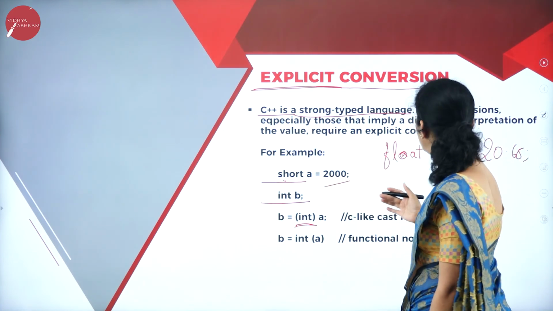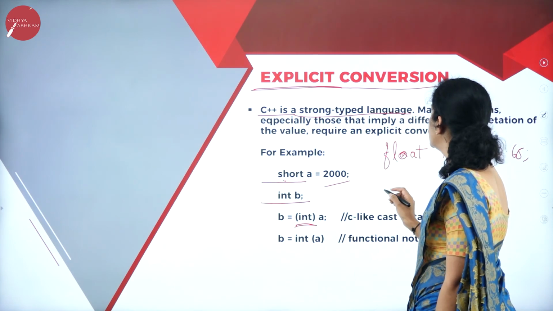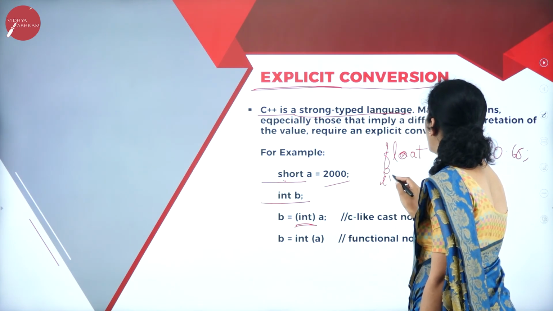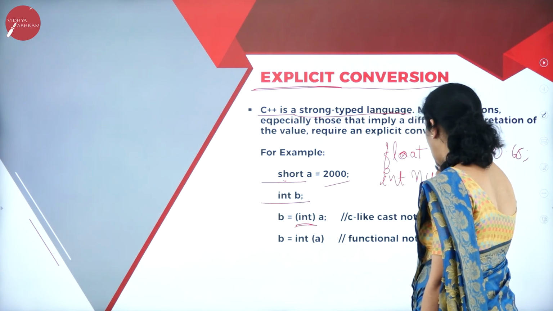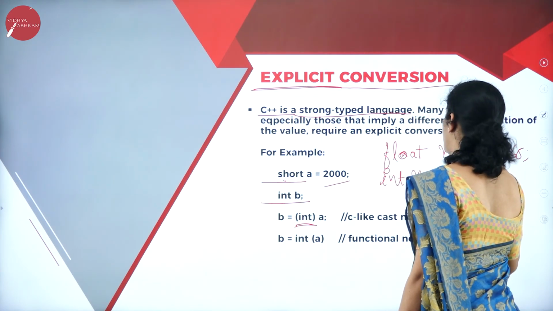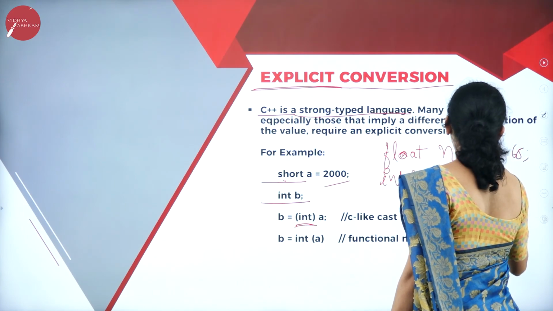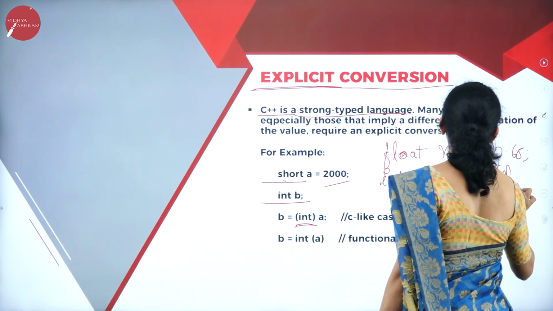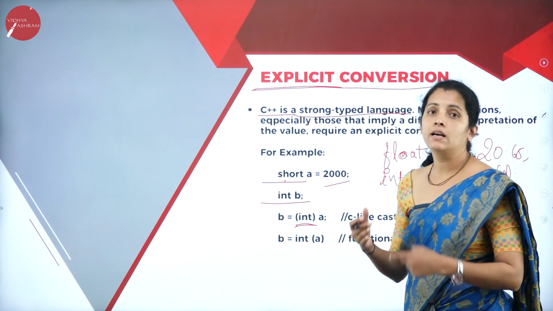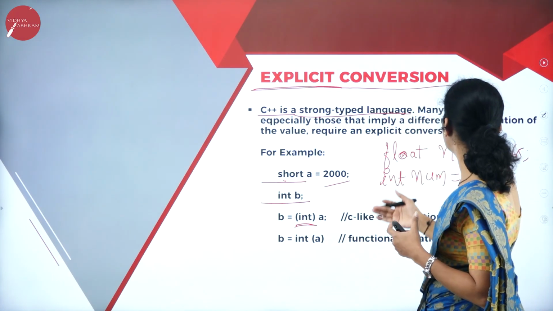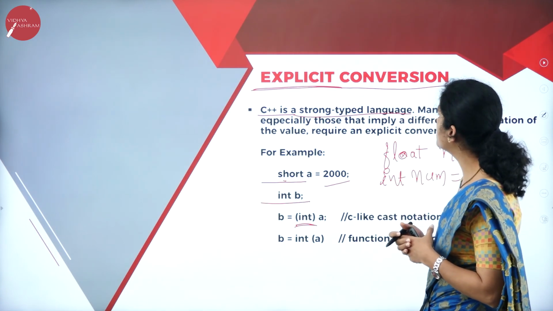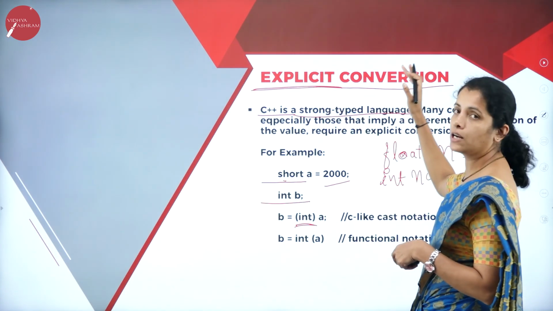Now what I'm going to do is convert this into an integer value, that is integer data type number equal to int of n. So manually, that means I'm going to specify the conversion directly. So this kind of conversion is called explicit conversion.